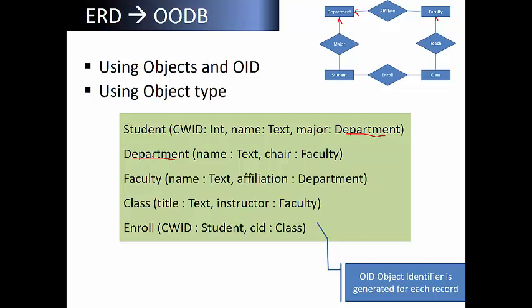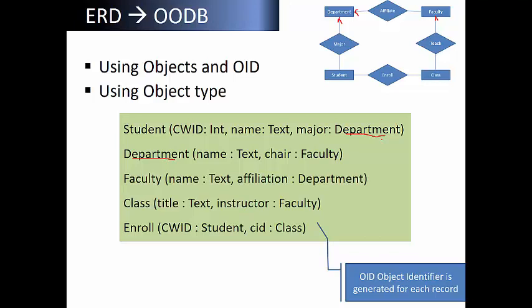In an object-oriented database, the table is nothing but a class. The class can be defined. Students is a table, but the value of the attributes is not atomic data. It is another class, another specific class member.